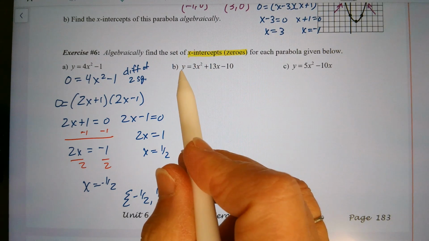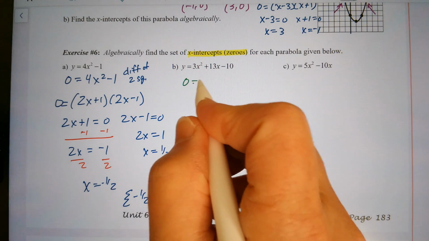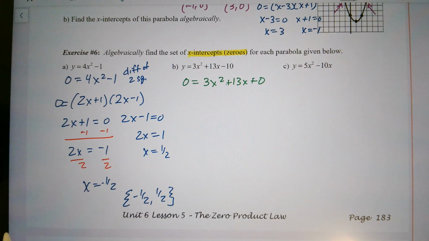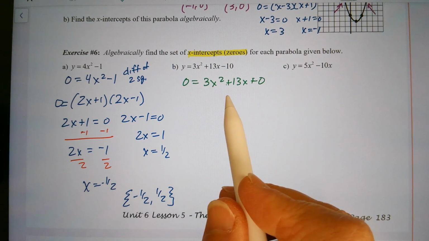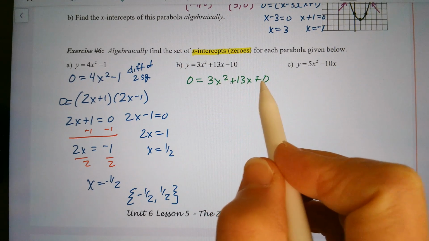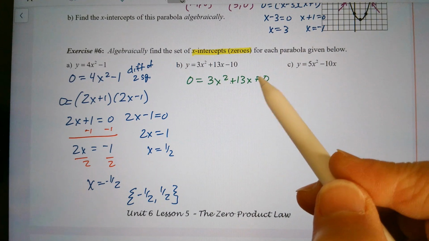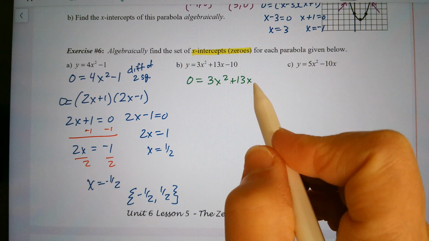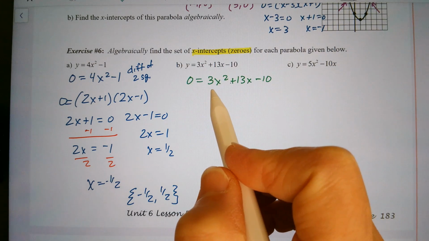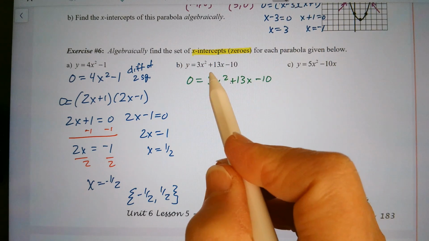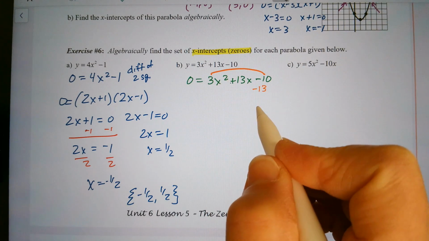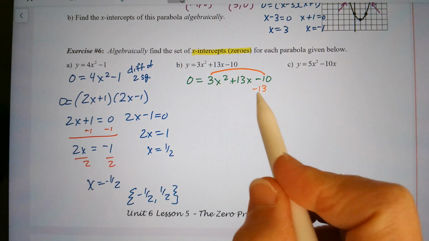B, again replace y with 0. And factor. No GCF, the leading coefficient is greater than 1, so we do our rainbow. 3 times negative 10 is negative 30.